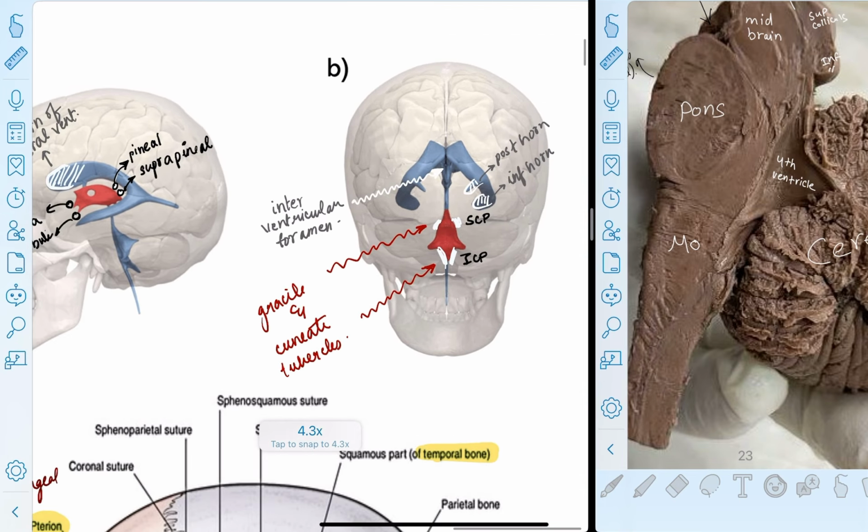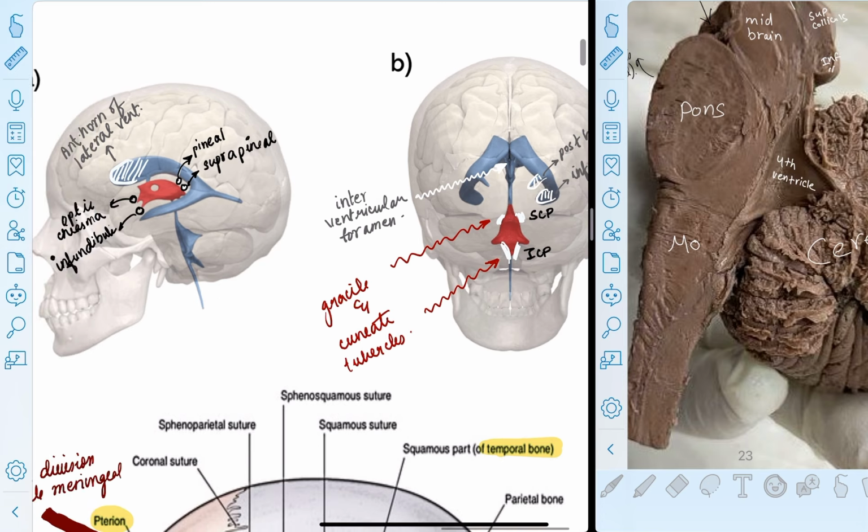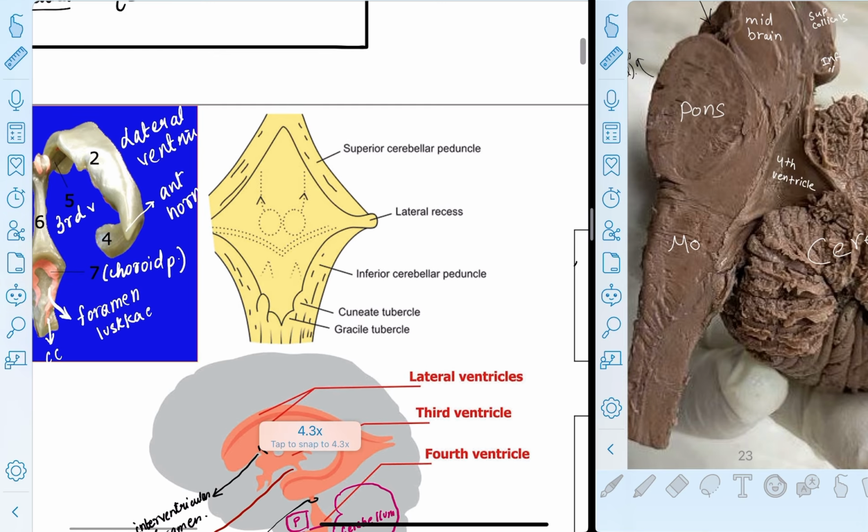How I visualized it is that somewhere on the lateral boundaries of the fourth ventricle there must be SCP, ICP, and the gracile and cuneate tubercles. Of course, it's very new to learn all these terms, but it's easier if you visualize it. Visualize that there are some elevations here which are called tubercles.